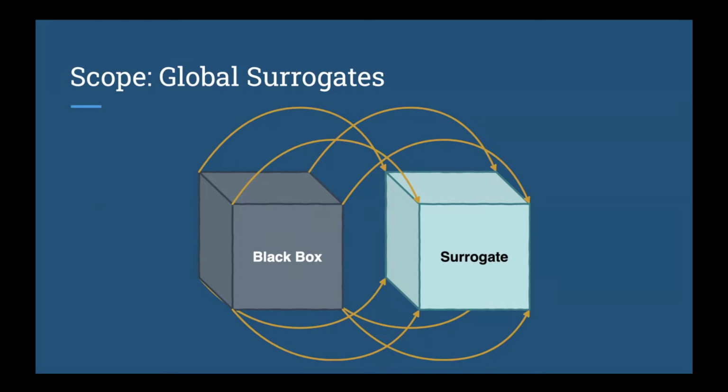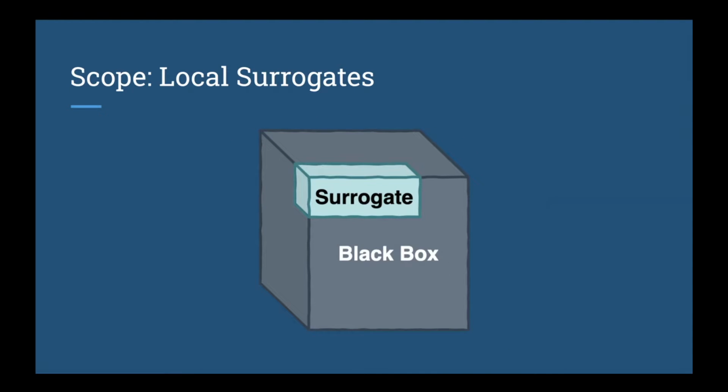We can either have global surrogates, where we are trying to approximate the entire black box process, or a local surrogate, where we are just trying to approximate a small bit of the black box. For example, imagine trying to explain either a whole predictive model or just the behavior of this black box model for a certain person or a group of people, like a cohort.